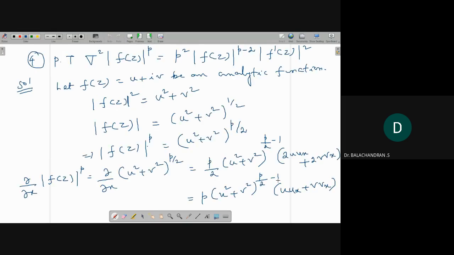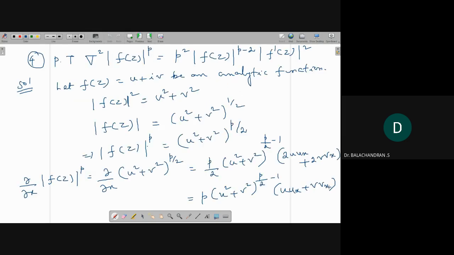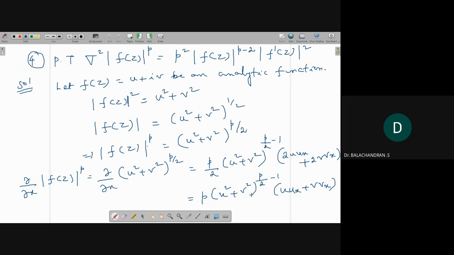If you differentiate this function, you'll get what? u into uxx plus ux into ux, that is ux square, plus v into vxx plus vx into vx, or vx square. And then I'm going to differentiate the other function.